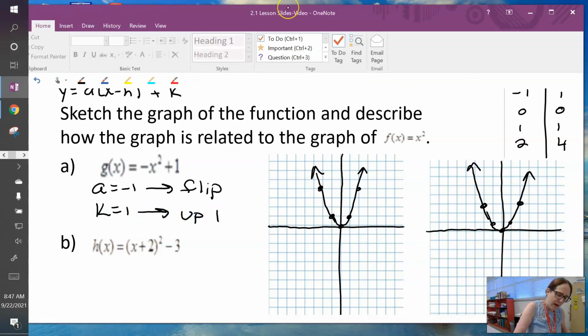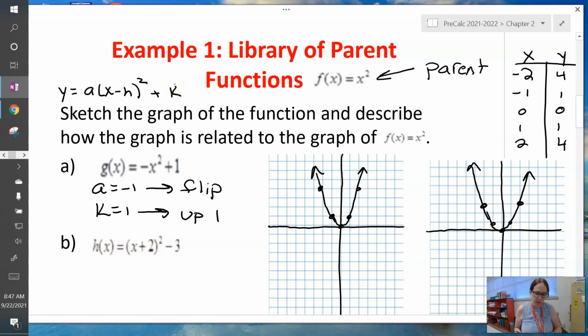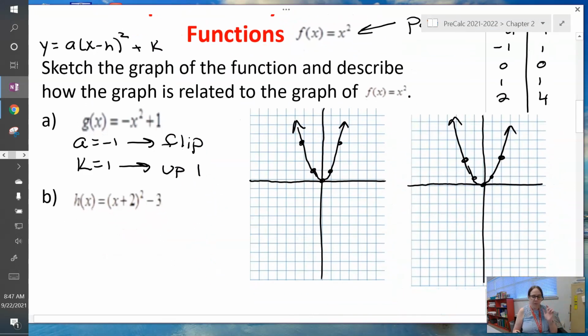So let's graph g of x so that we can see what that looks like. So first thing we're going to do is a flip, which means my points are just going to flip over the x-axis. So there's my flip. I also need to move each point up by 1.